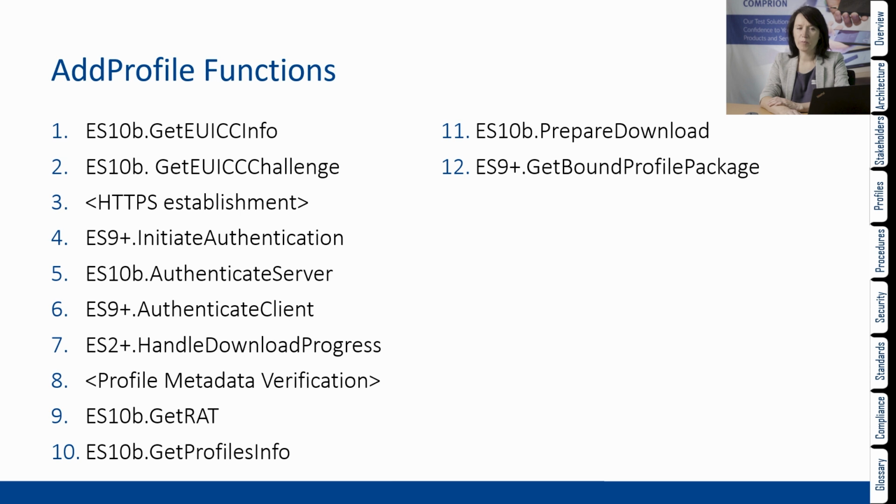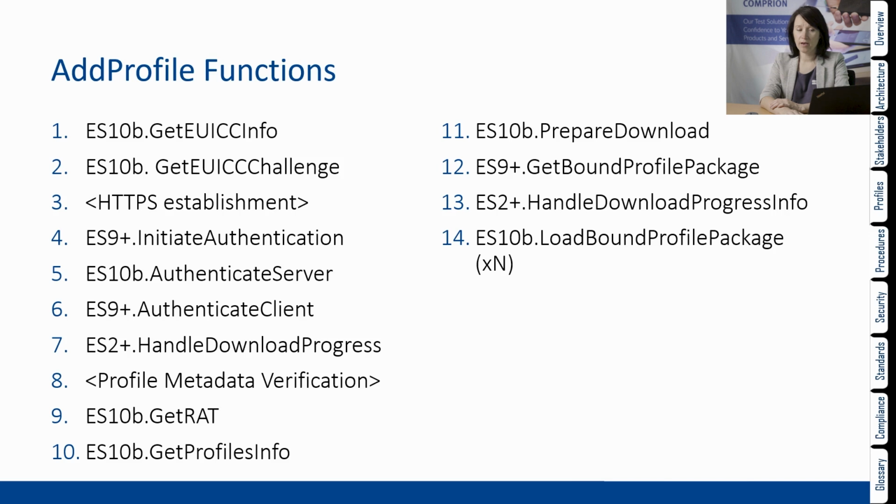Then the bound profile package, or secured profile package actually, will be requested or received. And the operator will be informed about the download progress. Finally, the actual download can be started. There are several parts of the profile which will be delivered with the load bound profile package command.